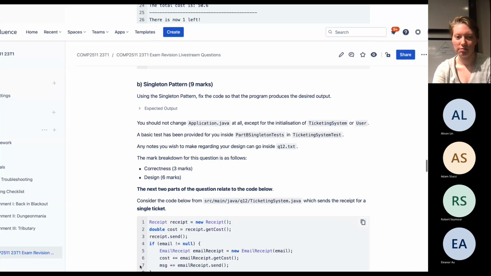Is that? See what happens, I guess. Did I like? Oh, wait, I've copy pasted that into there.